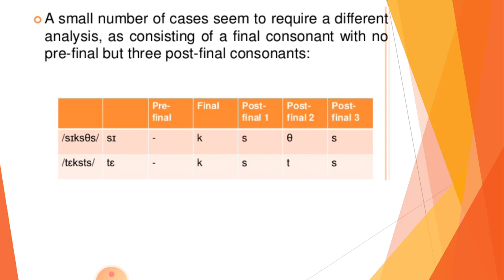Examples: six, texts. Here in this, no pre-final consonant occurs, but one final and three post-final consonants occur.